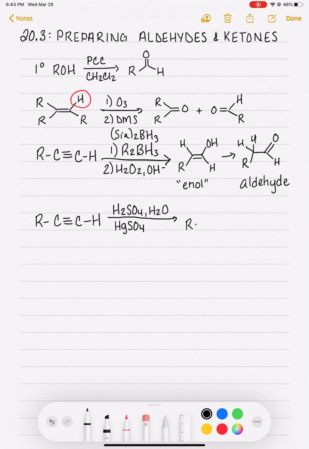And that reaction initially would give us a Markovnikov addition of water, which is also an enol. And that enol immediately rearranges itself, moving the carbon-carbon double bond to become a carbon-oxygen double bond, and moving the OH hydrogen. This gives us a ketone.